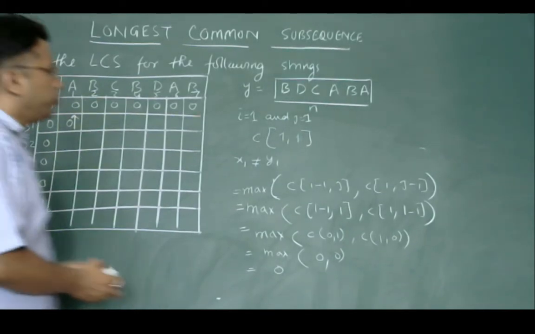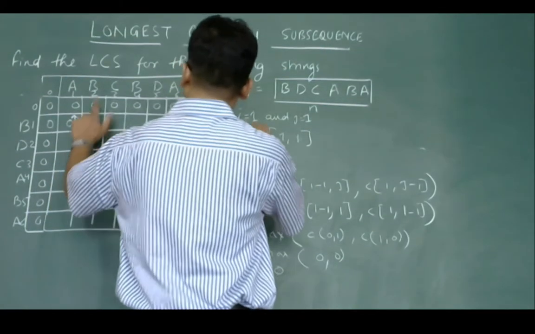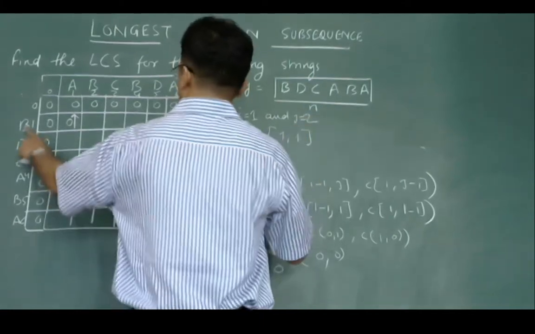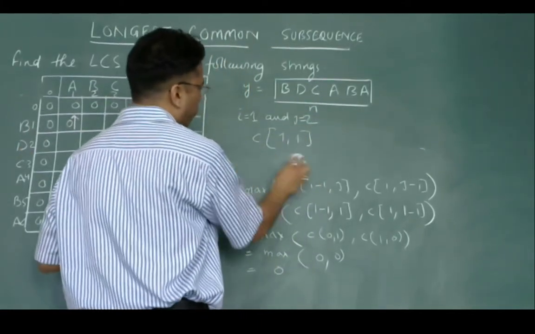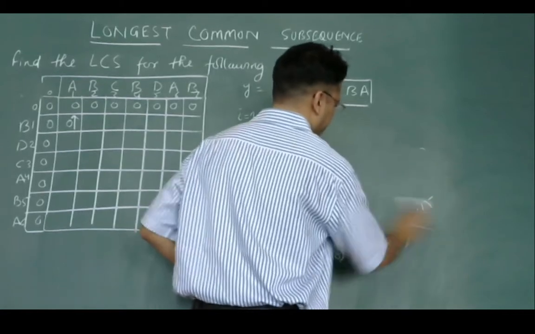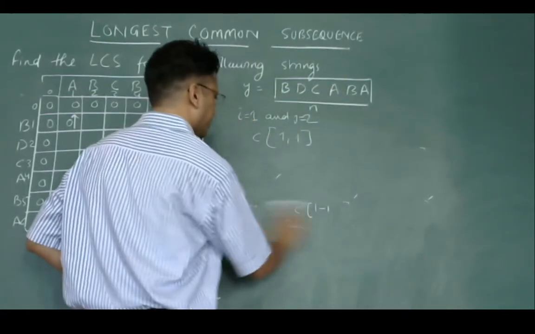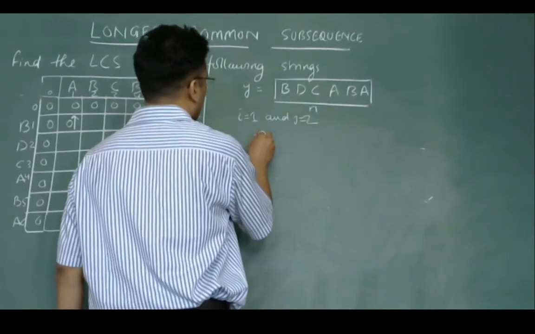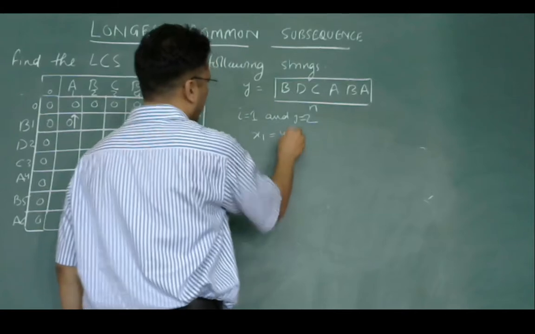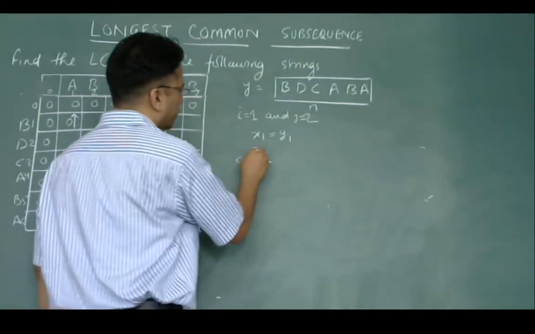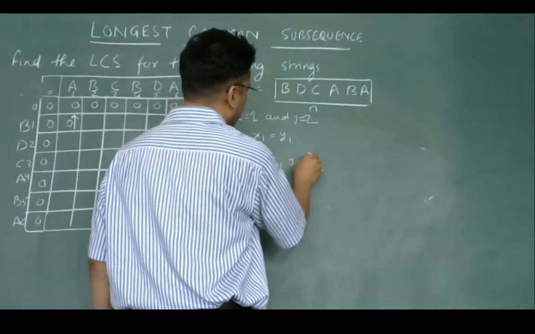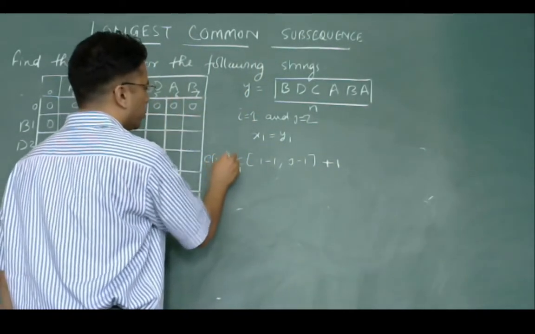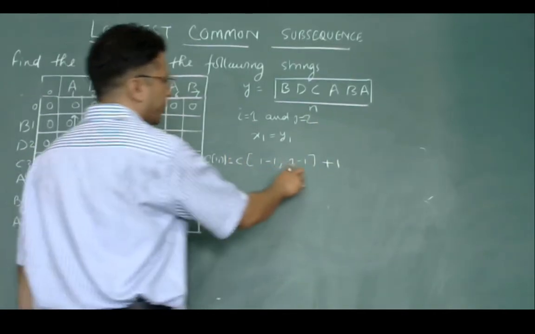Okay, now we shall calculate the value for i is equal to 1 and j is equal to 2. Here there is a match, xi is equal to yi. In this situation, the value is c[i-1, j-1] plus 1.